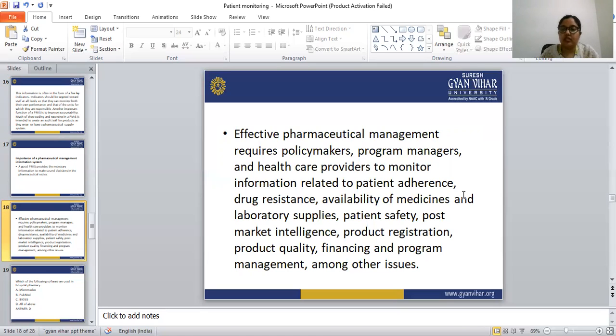How can the ICU patient be monitored by healthcare providers? With the help of the computer only, we can monitor all the vital signs of that ICU patient.